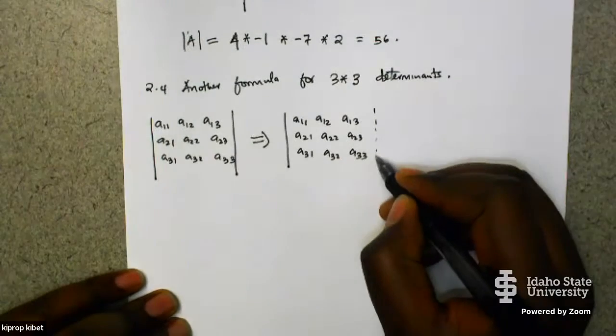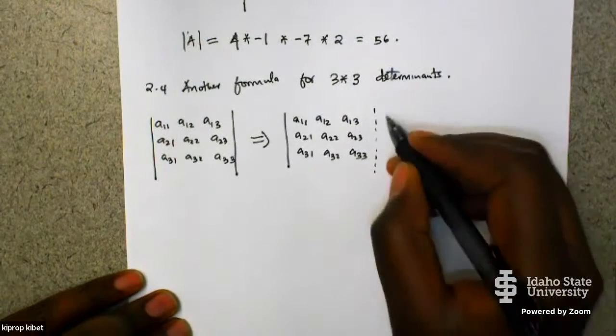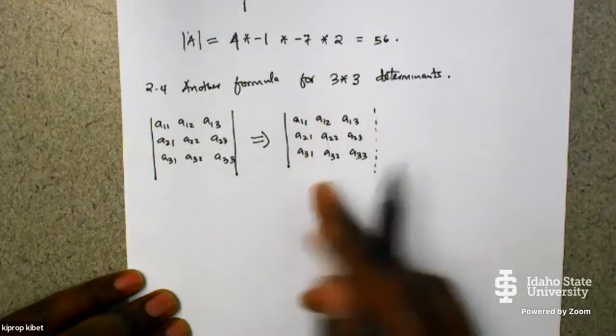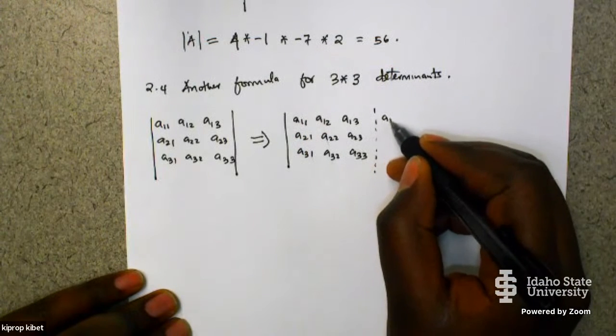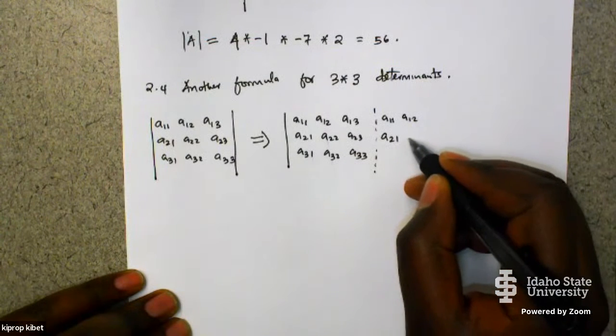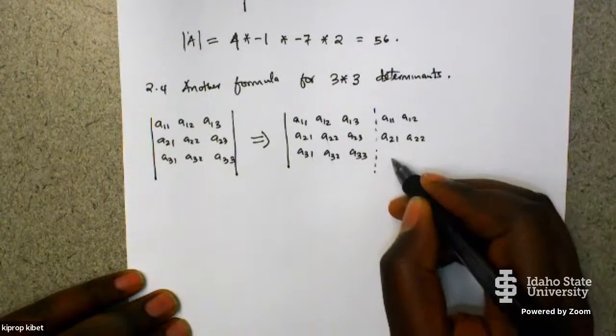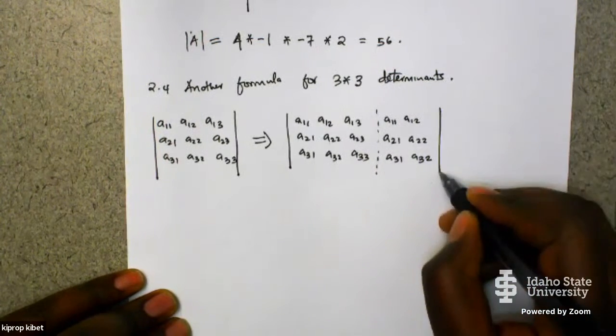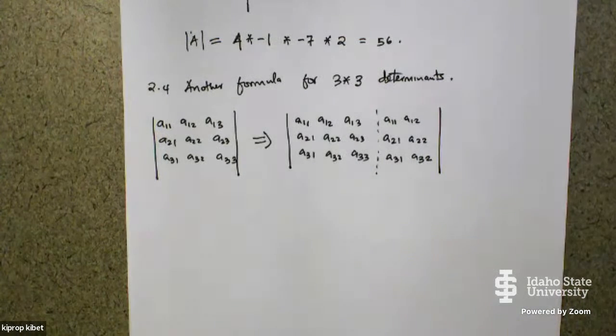Since this is a 3 by 3 matrix, you add the first two columns there. So A11, A12, A21, A22, A31, A32.